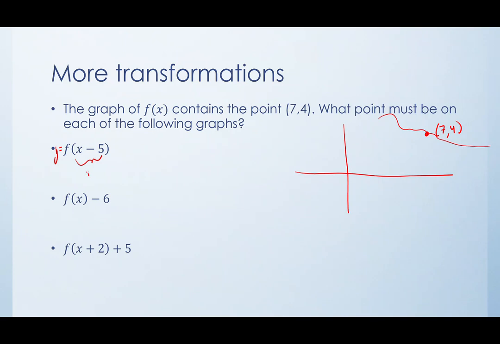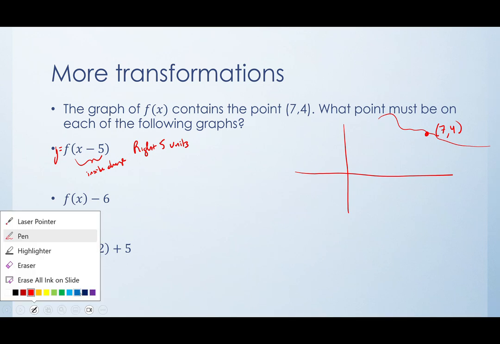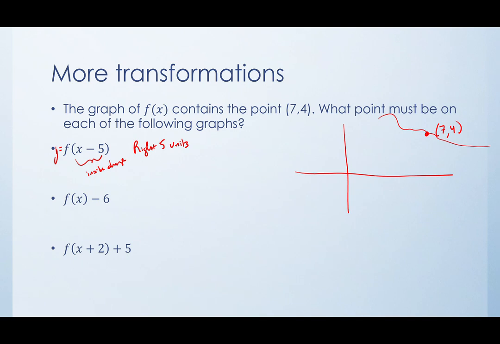The inside change, right? And we're moving, in this case, to the left or the right. We are going right 5 units. So how can we figure out what point we know is on the graph? Well, we're going to start with (7, 4). I'm going to get rid of that. I'm going to move this label up a little bit.